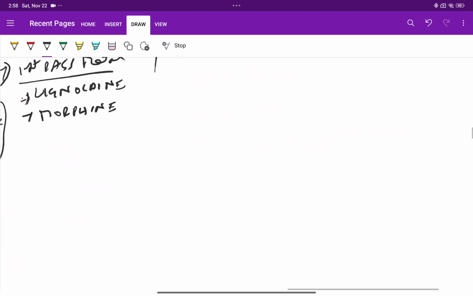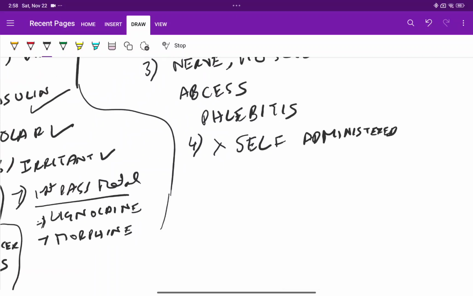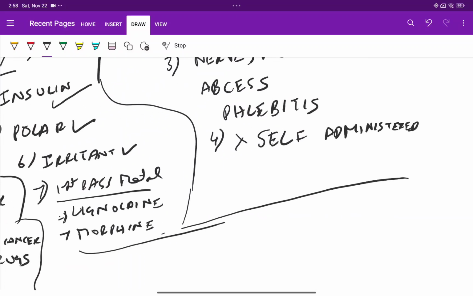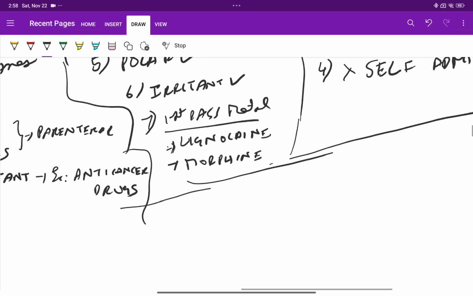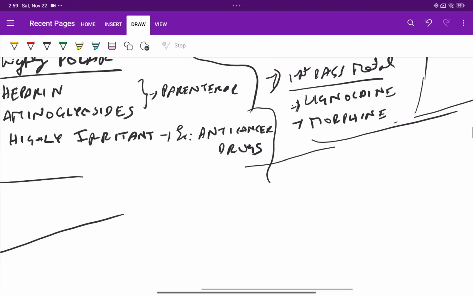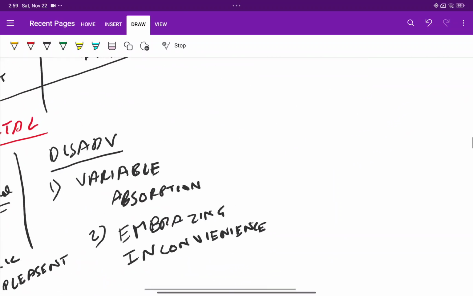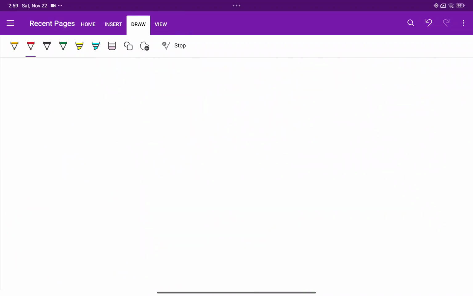Now, let us learn about the different parenteral routes one by one. Parenteral routes of drug administration, injectable forms.